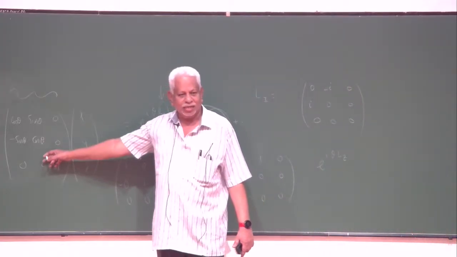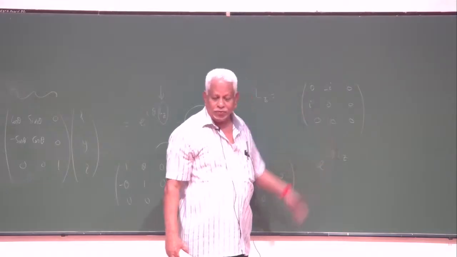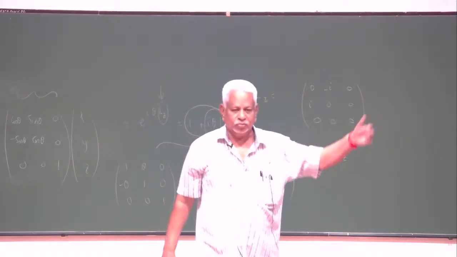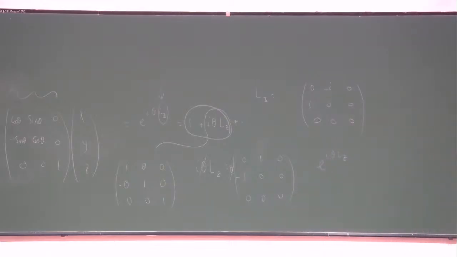The first term is going to be this, which we have used. The second term will turn out to be the square of this matrix, and the square of the matrix is exactly what you have for the other terms.